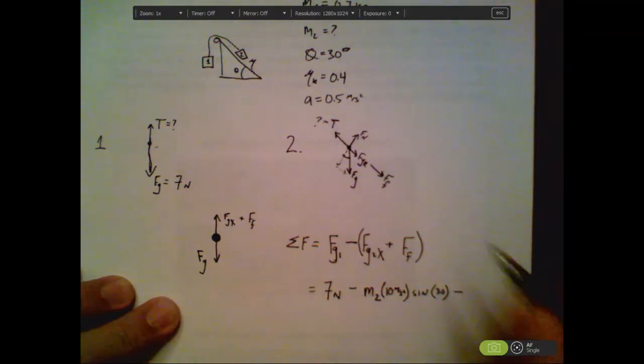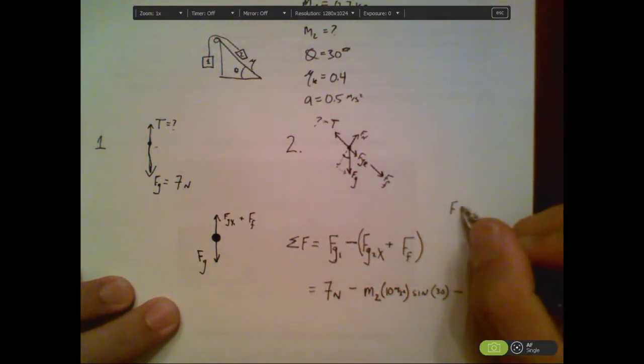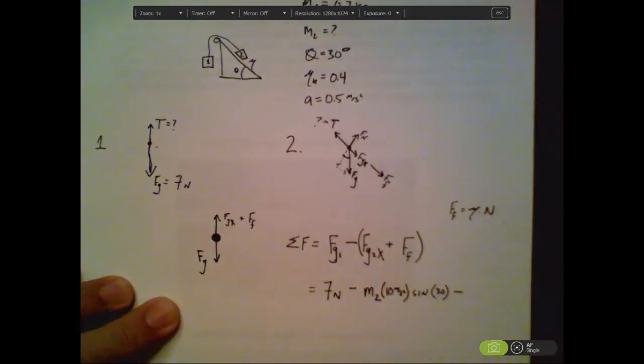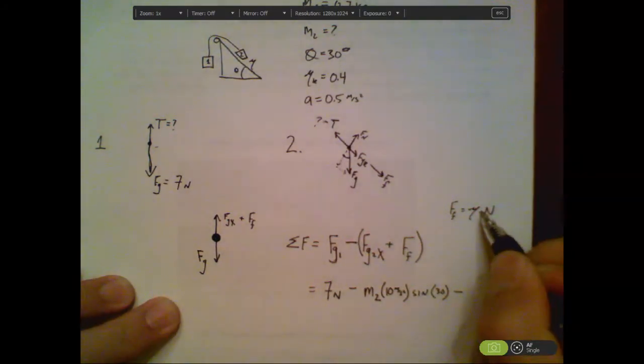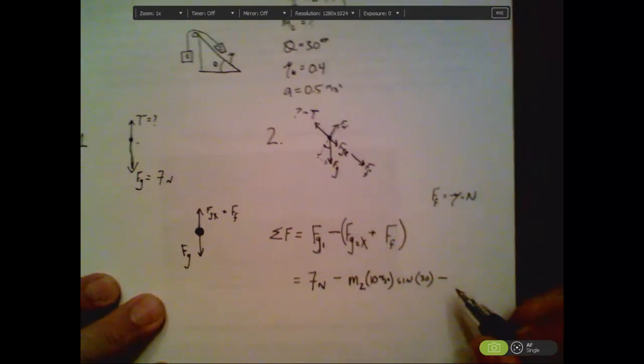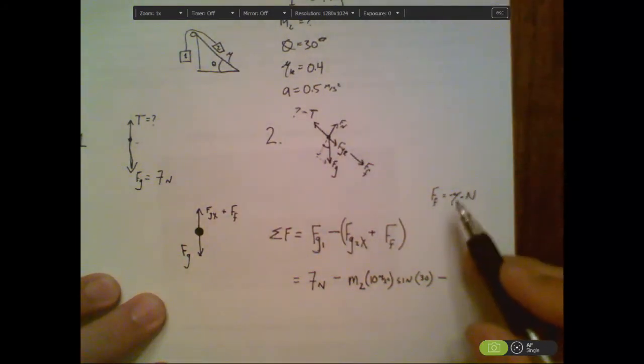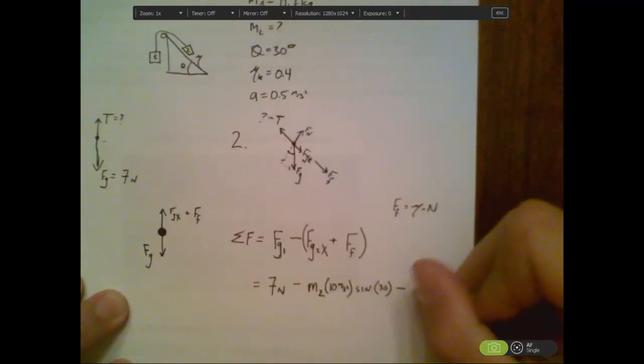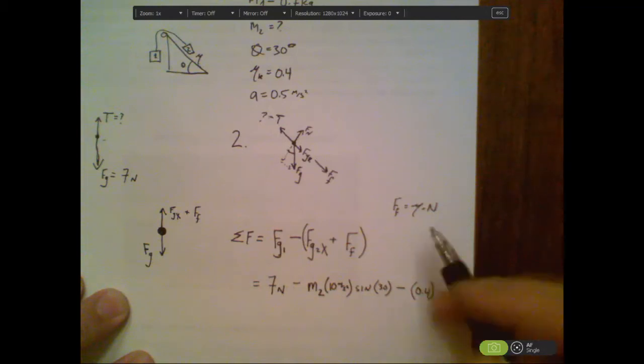Mu is given to us as 0.4, times the normal force.